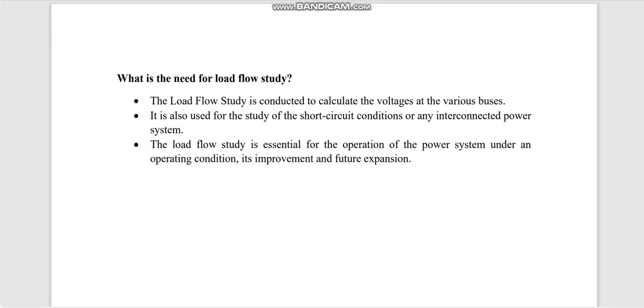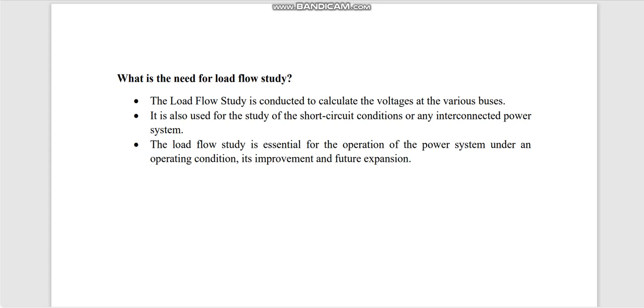Next, the last 2 mark question: what is the need for load flow studies? The first one is to calculate the voltage at various buses. We need a load flow study for that. Next, we need to study the short circuit condition, how our plant or our electrical system will react to the short circuit.